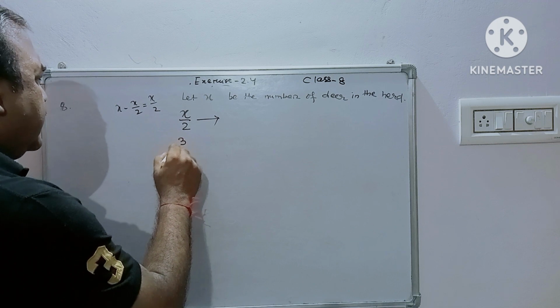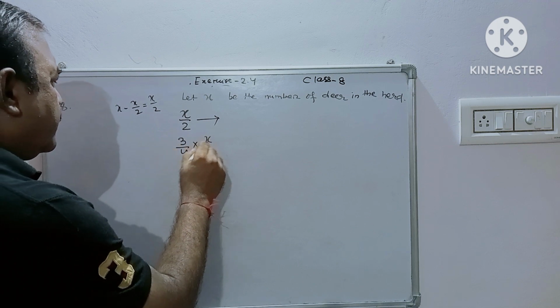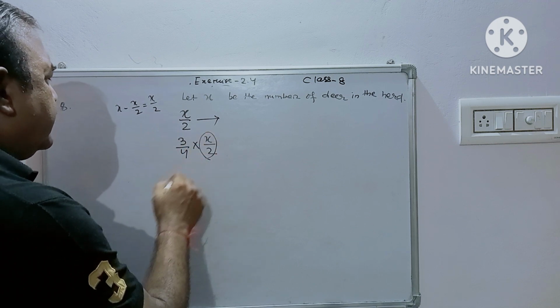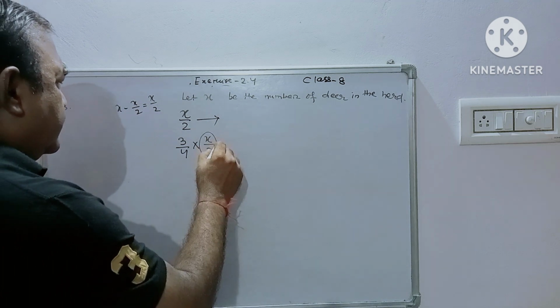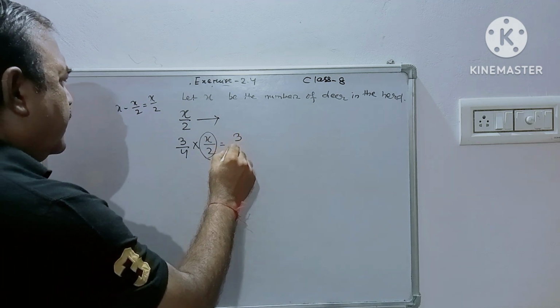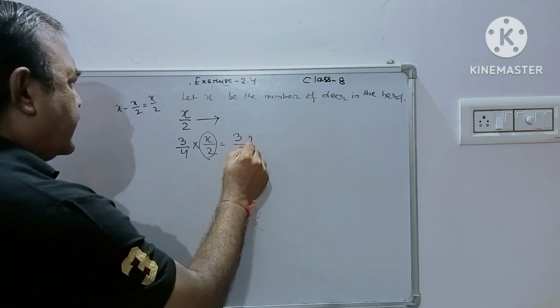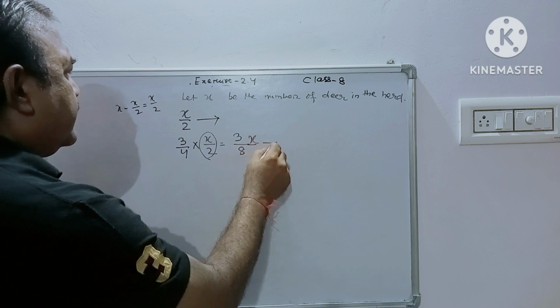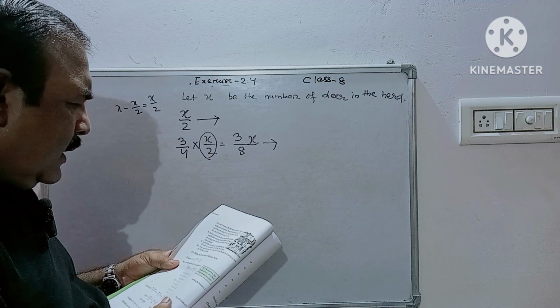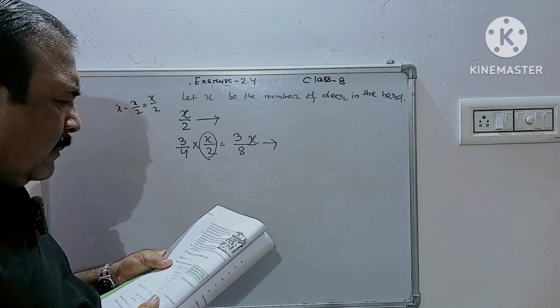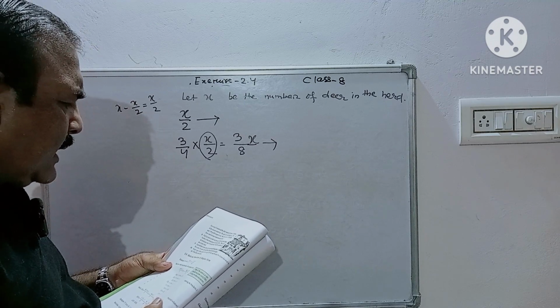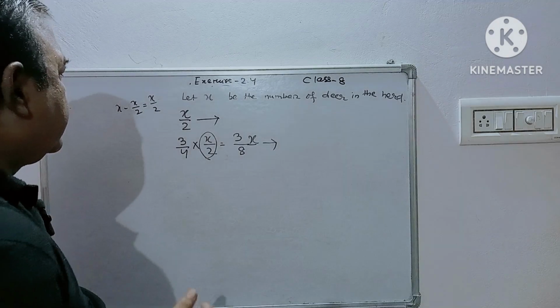That means 3 upon 4 into x upon 2. So that is equal to 3 upon 8x, or 3x upon 8, the number of deer playing nearby.